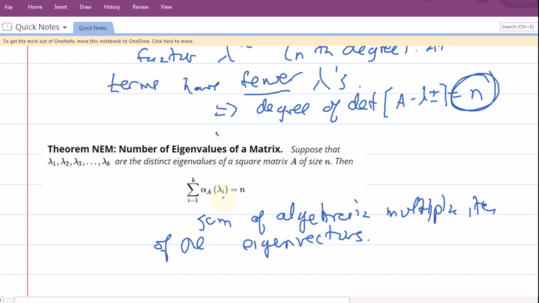All right, now, how do the algebraic multiplicities relate to the characteristic polynomial?